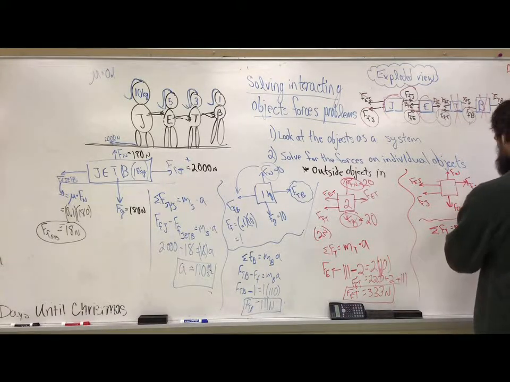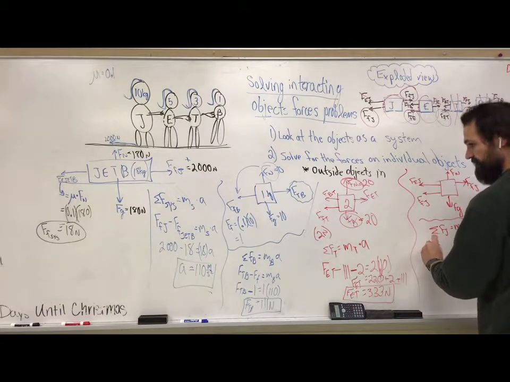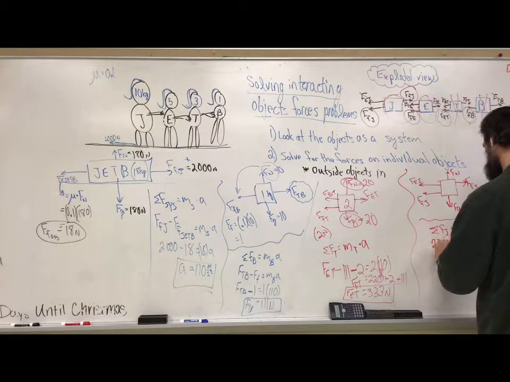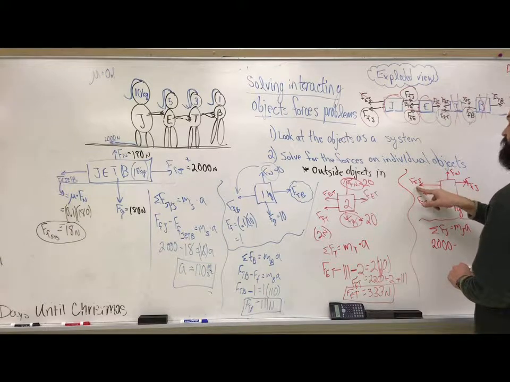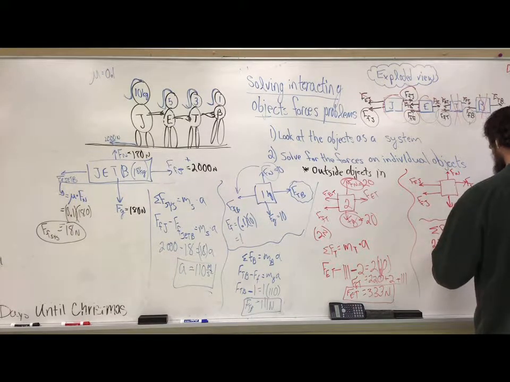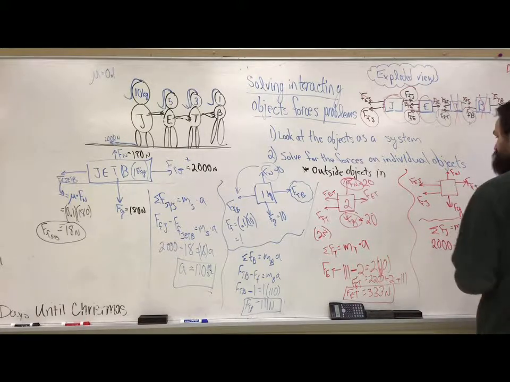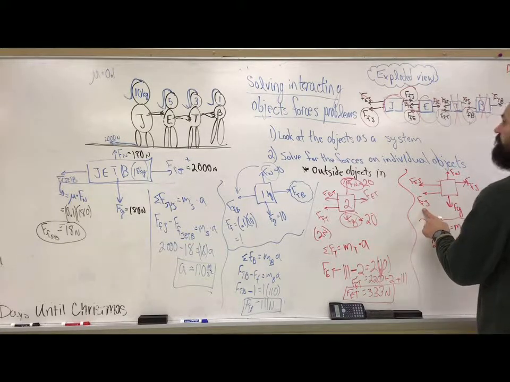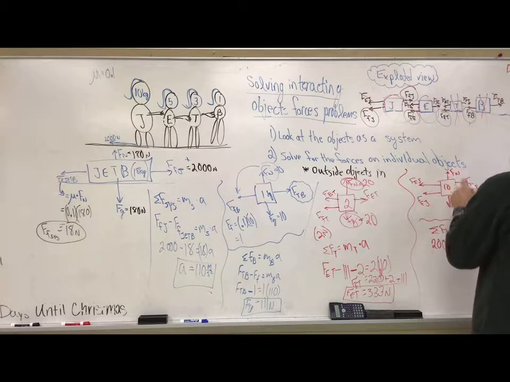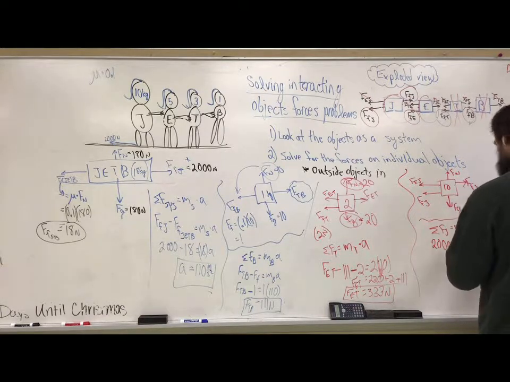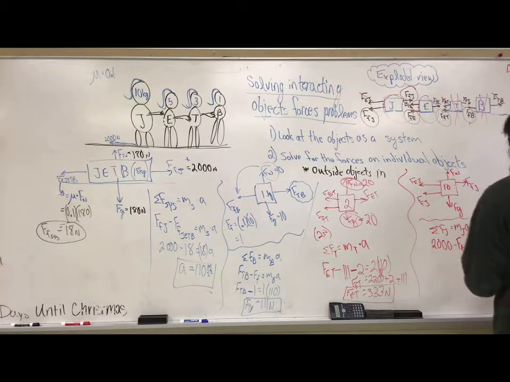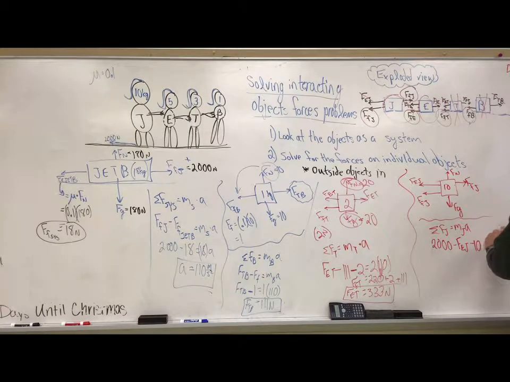And that's equal to the force of the floor on Joan, which is 2,000, minus the force of Elizabeth on Joan, which we don't know, minus the force of Joan's friction, which should be 10 newtons, and that's equal to her mass times her acceleration.